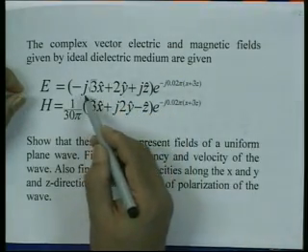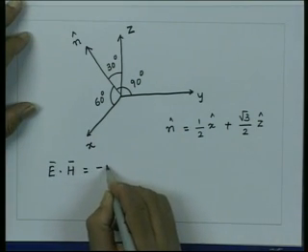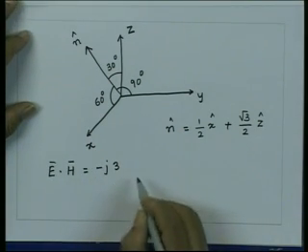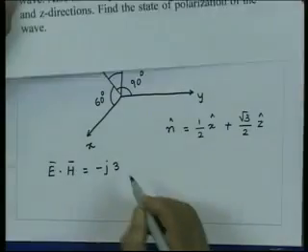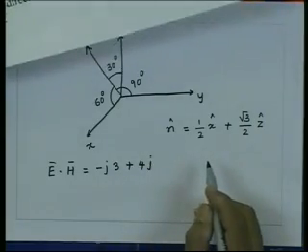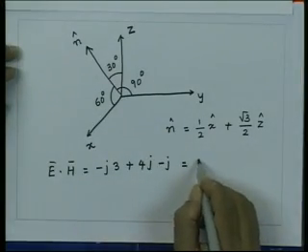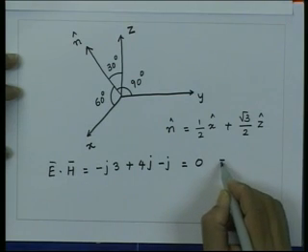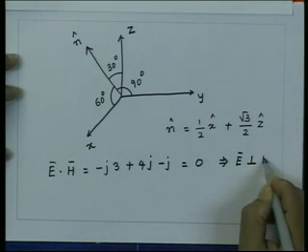So, this will become minus j into 3, plus 4 into j, plus 4 into j, minus j. So, that is equal to 0. So, that means the electric field for this is perpendicular to the magnetic field.